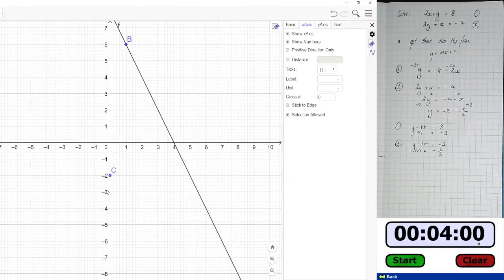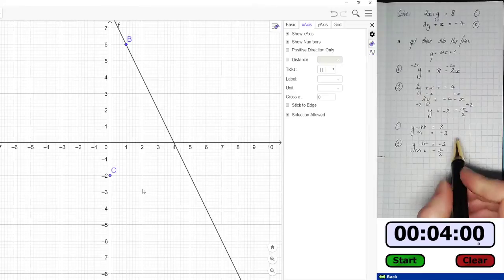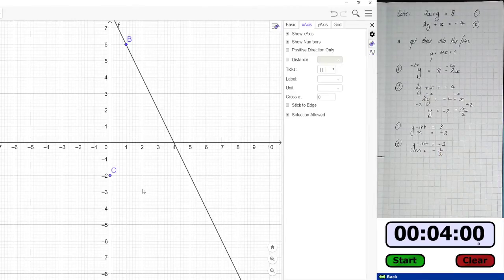There. And the gradient is -1/2. So we're going to be going down. And remember our rise over run. So for every 1 box that we go down, we're having to go 2 boxes across. So 1 box down, 2 boxes across. Just like that.